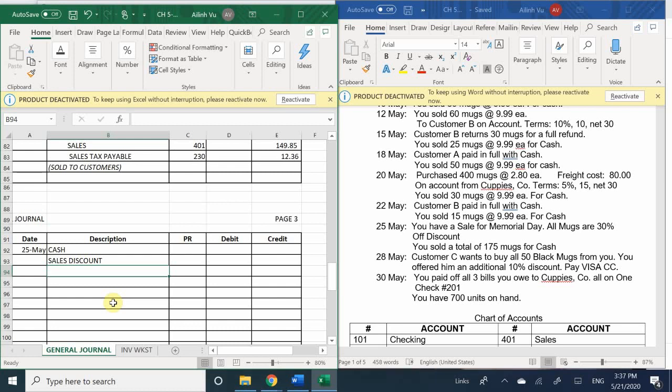Who are we dealing with? Just random customers, right? We sold a total of 175 mugs to random people for cash. Right. All right. So yes, we need to recognize sales. That's right. And then sales tax payable.